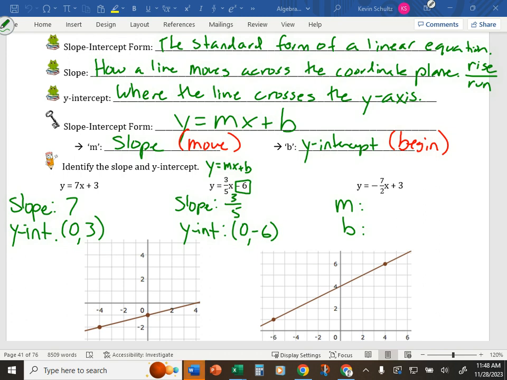What do we got? Slope. 7/2. Positive? Negative. Sometimes that sign gets lost with the equal sign. But it is -7/2. Make sure you include it. And then what is the y-intercept here? William. 3. (0, 3). Good job. Write it as an ordered pair. Questions on those three?